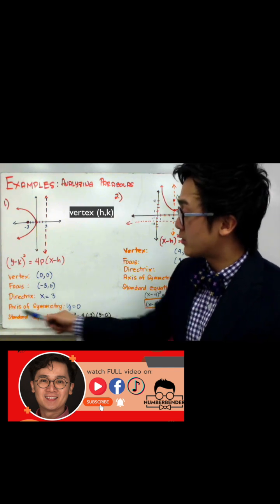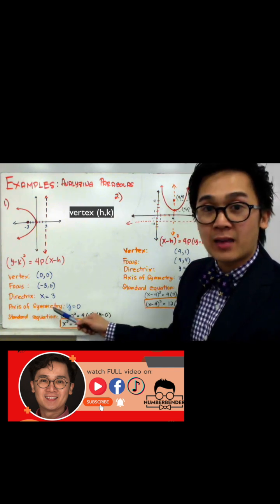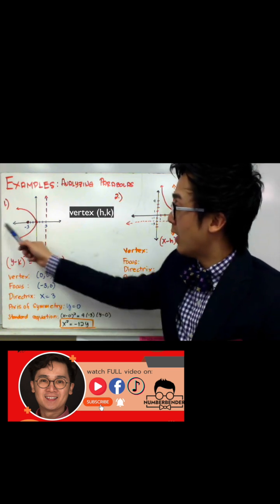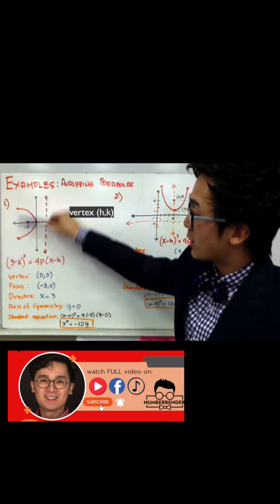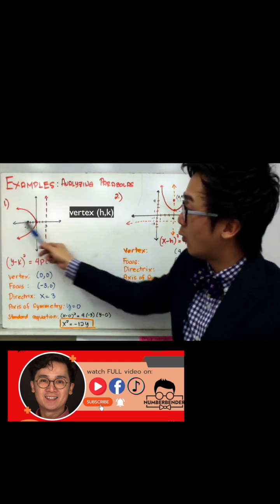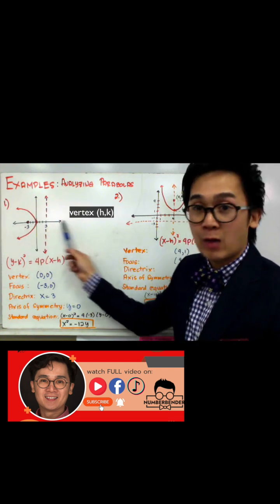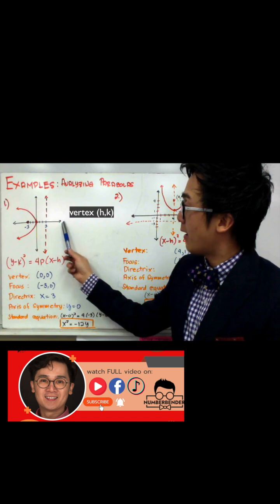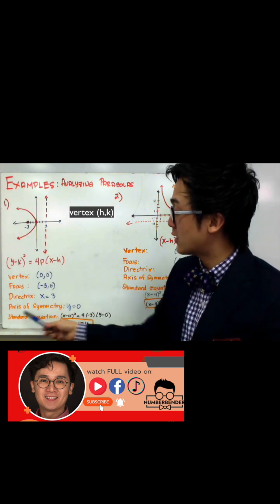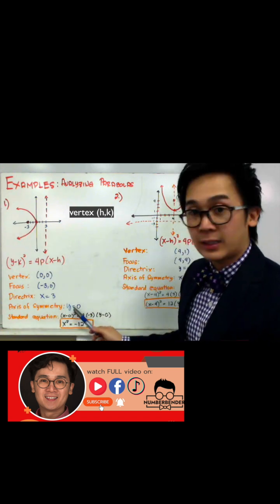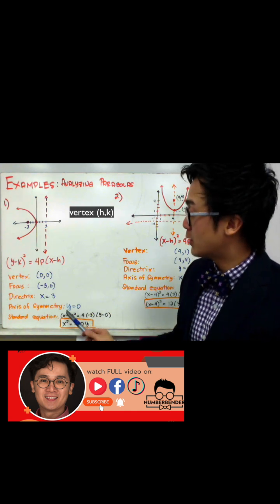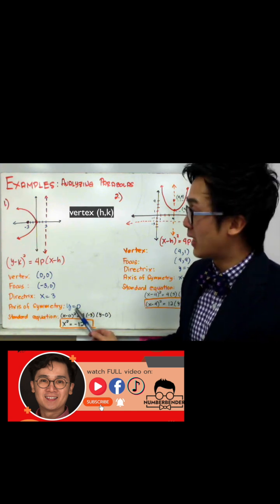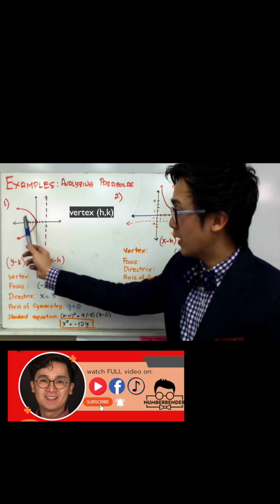Now the axis of symmetry is basically the line that cuts through the parabola and gives it equal, or congruent, figures. Our line of symmetry is our x-axis. Therefore the equation of the axis of symmetry is y equal to 0, because it's a horizontal line.